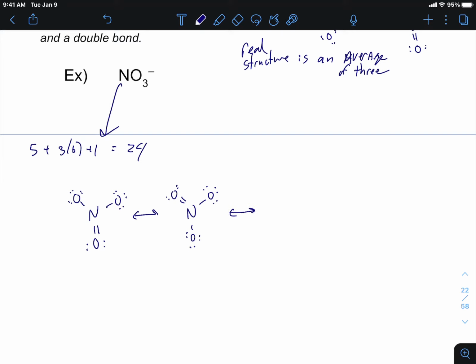And there's also the oxygen on the top right, and that also is where the double bond could have been drawn. So all 3 of these are viable. This molecule has resonance because no one single structure adequately describes it.